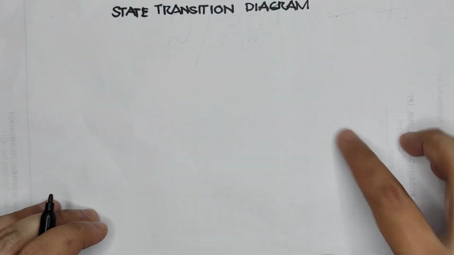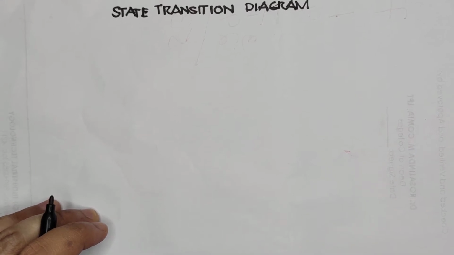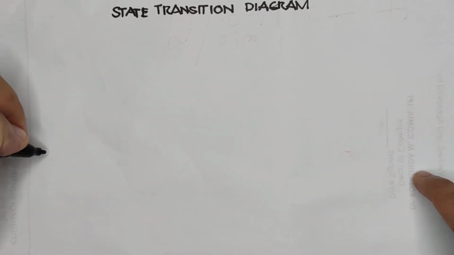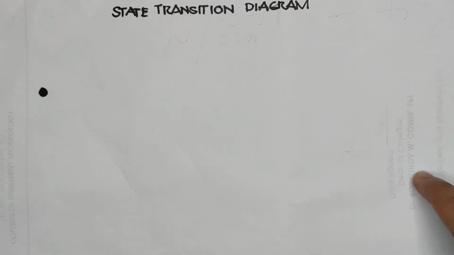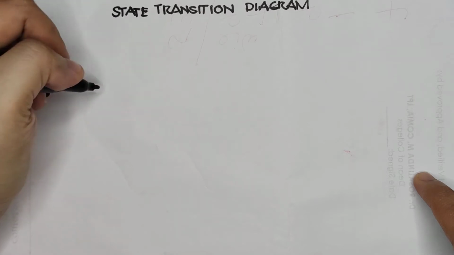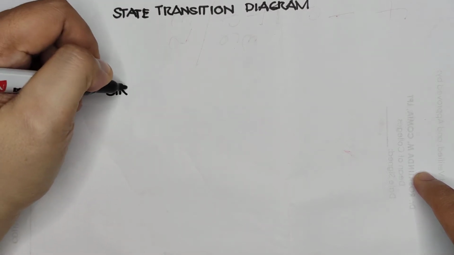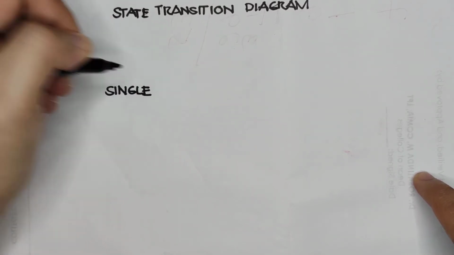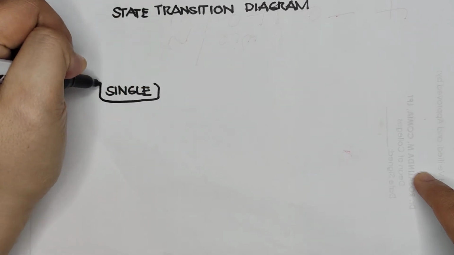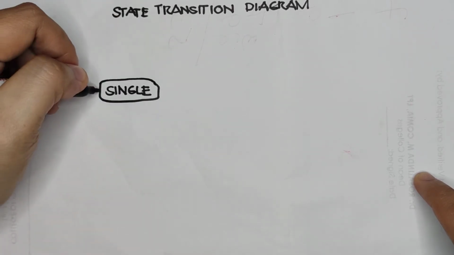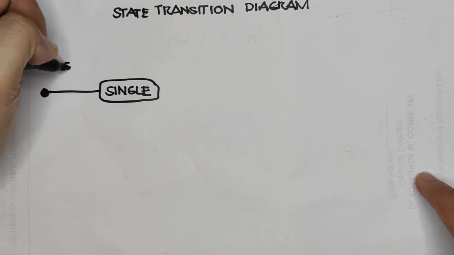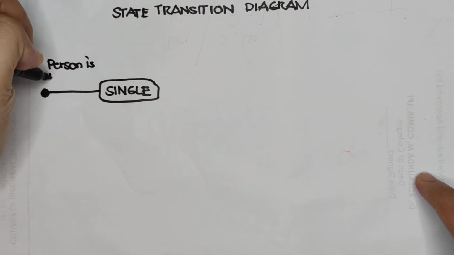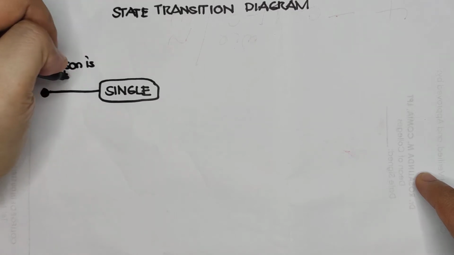Let's start our state transition diagram. First we have our first state, single. Single is, as the description says, a person who is not married.